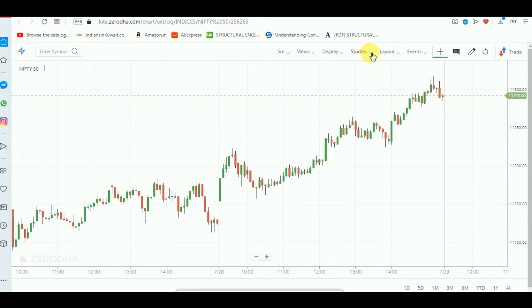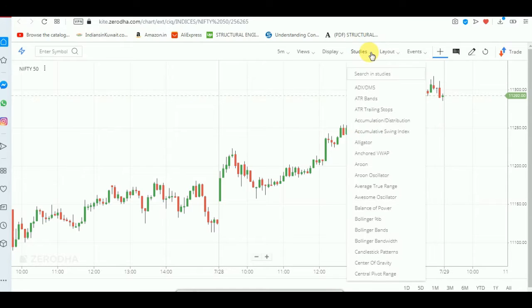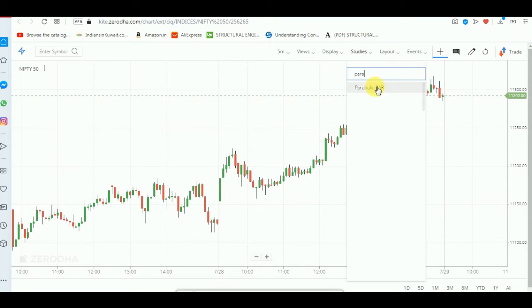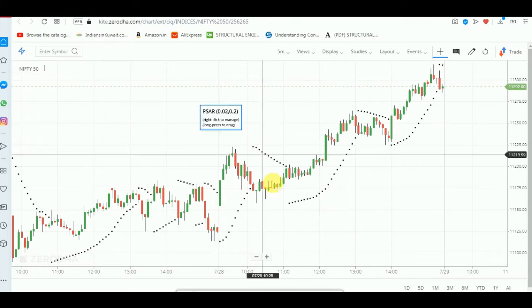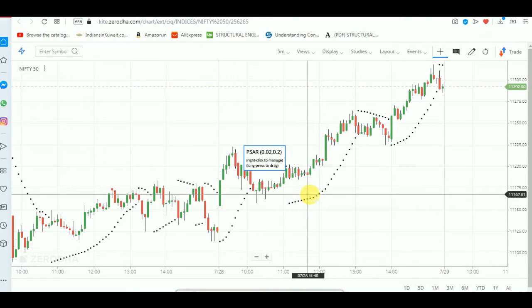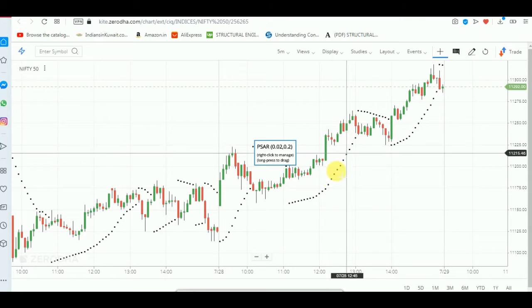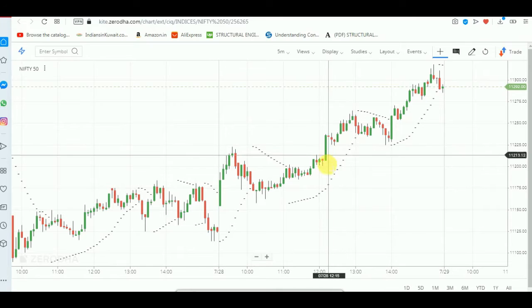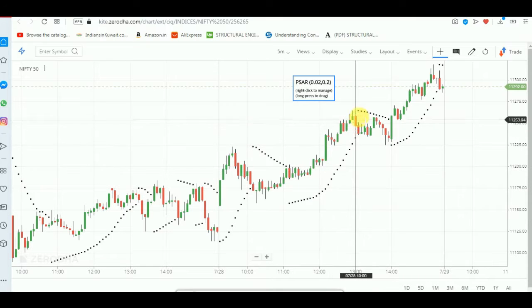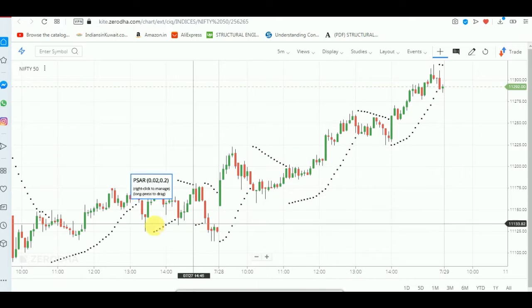Now I am going to click the studies, and here I am going to type parabolic SAR. First of all, parabolic SAR means parabolic stop and reverse. That is the meaning of SAR. After applying this technical indicator to the price chart, you can see the dots placed either below the candlestick or above the candlestick, right?